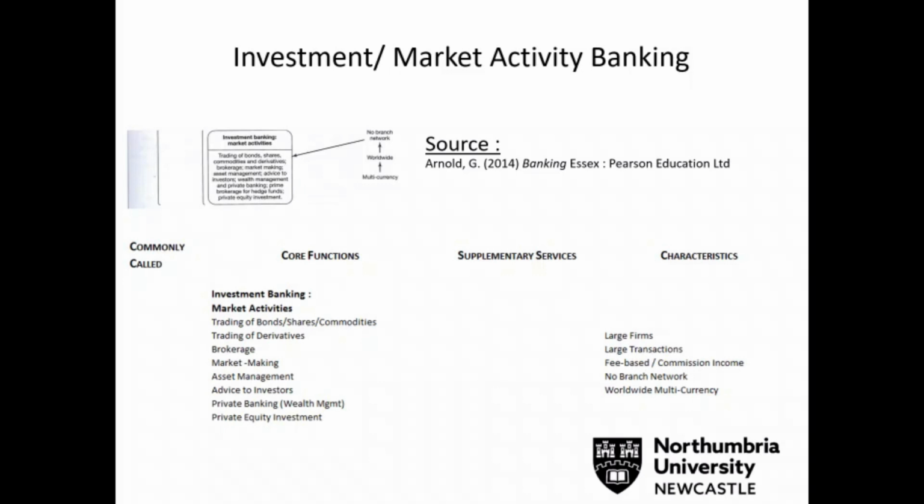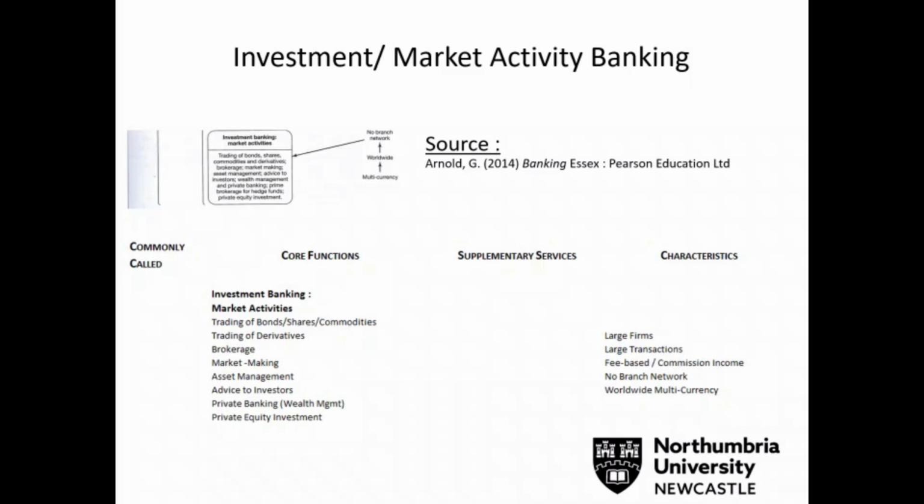This also could be where you act as an underwriter for an IPO. When an organisation wants to list on the stock exchange, what may happen is their investment bank may buy all of the equity in the company, and then sell the equity onto the market via the exchange.